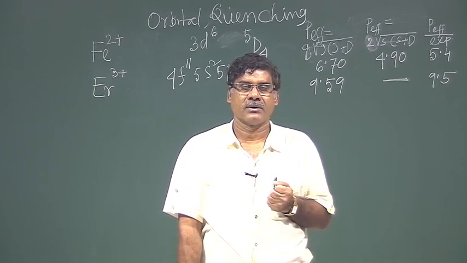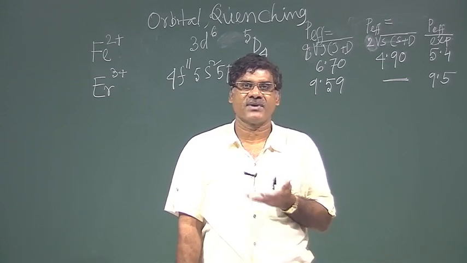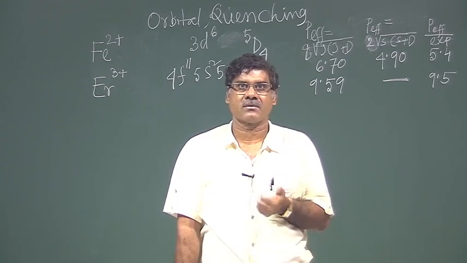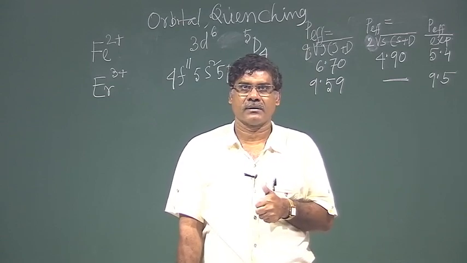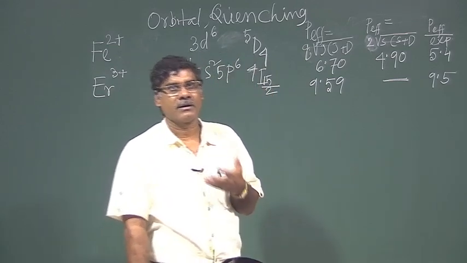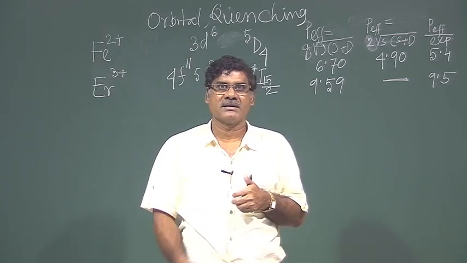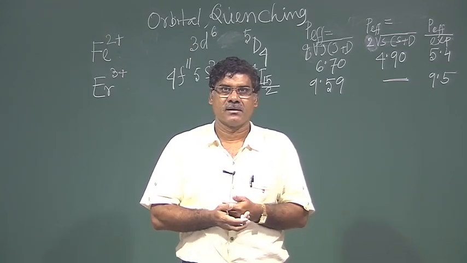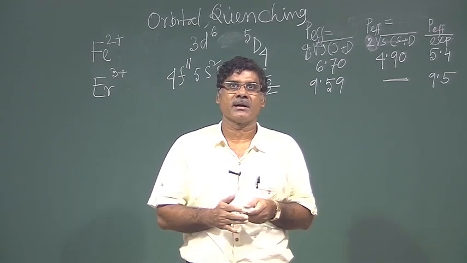It is as if it is fixed, it is not rotating with the magnetic field. When we apply a magnetic field, the orbital angular momentum is not following the field, it is inactive, it is fixed. So that is called orbital quenching.